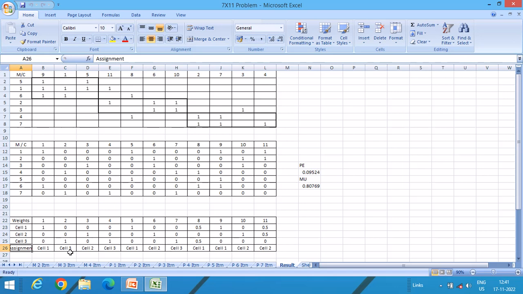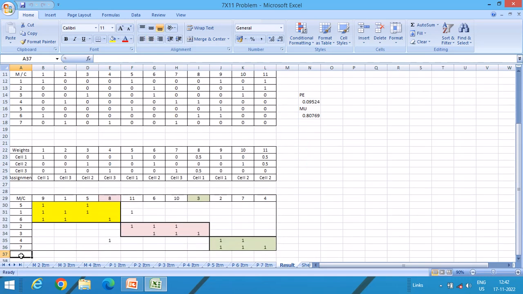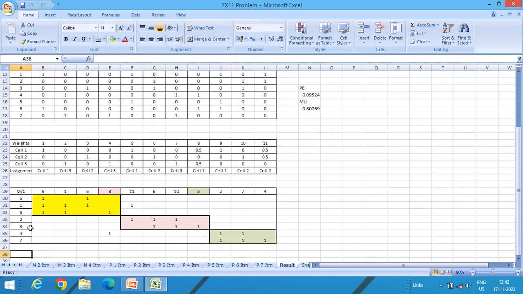So likewise, in the weight based method, retrospectively I am once again refining the clusters. So here, this is the final block diagonal form. So it is having 3 cells and 3 part families with 2 exceptional elements.